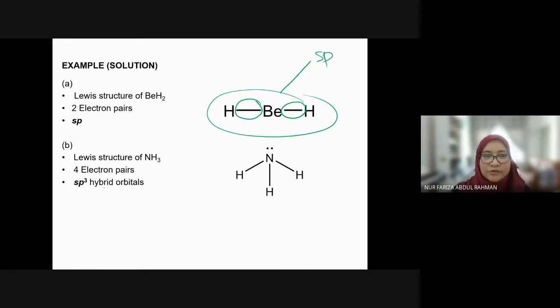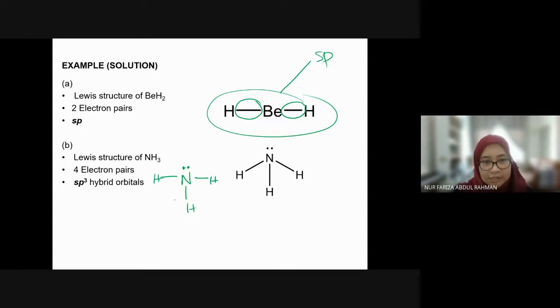Okay. Alright. So from the Lewis structure, katakanlah you belum draw lagi based on the electron geometry, dia tak salah because we just want to determine the type of hybridization. Okay, so from the Lewis structure pun kita boleh determine the type of hybridization without having to transform into the correct geometry.